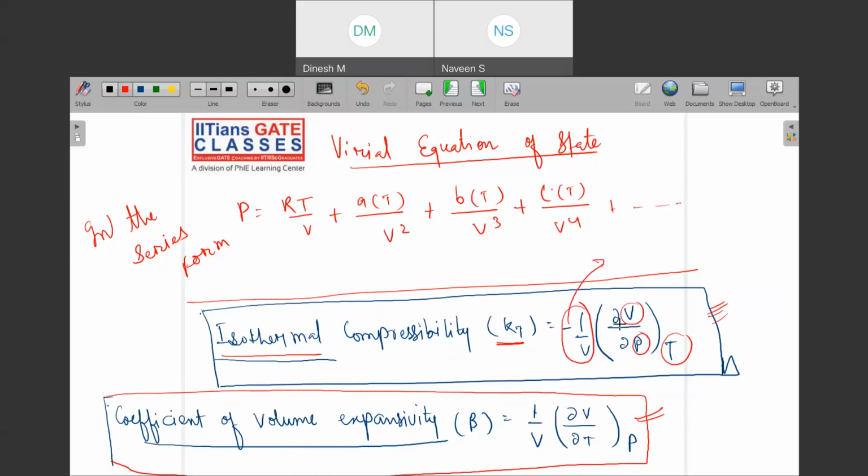Because when you are compressing, delta V will be negative, so this minus sign will take care of that and it becomes automatically positive, right? And here we have 1 upon V, and we take constant pressure. At the same pressure, we look at what will be the change in volume with the change in temperature, right?